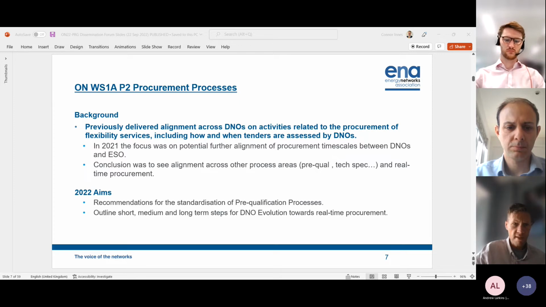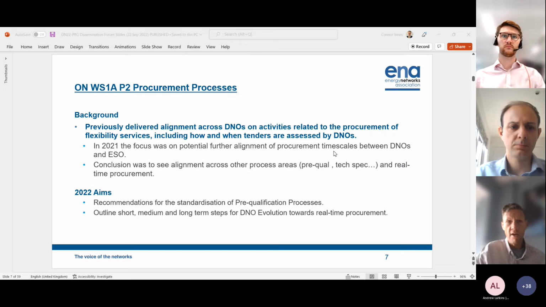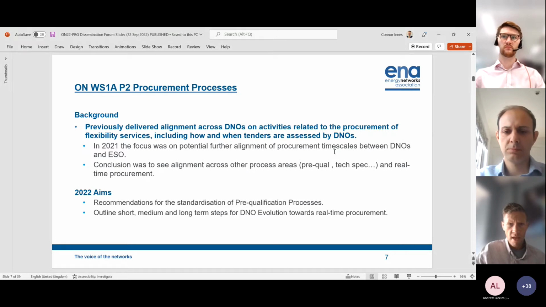Through a consultation exercise and extensive stakeholder engagement, we did conclude in 2021 that more value could be achieved in focusing on alignment through pre-qualification and technical specification in particular.